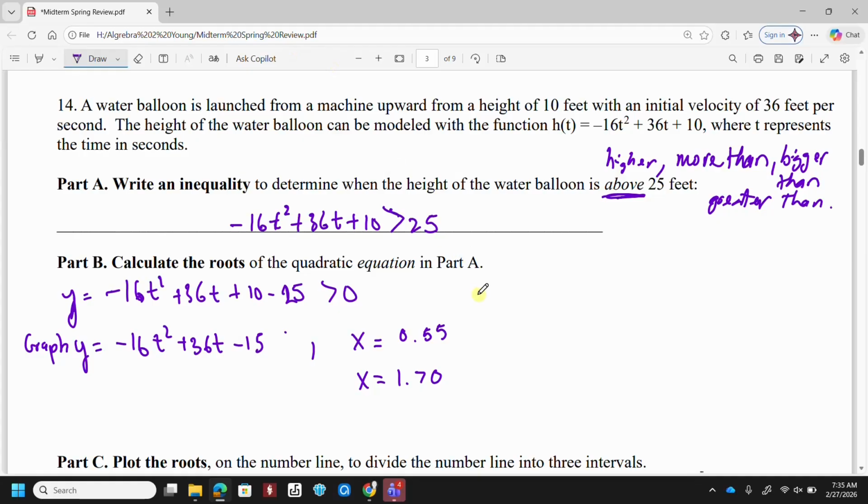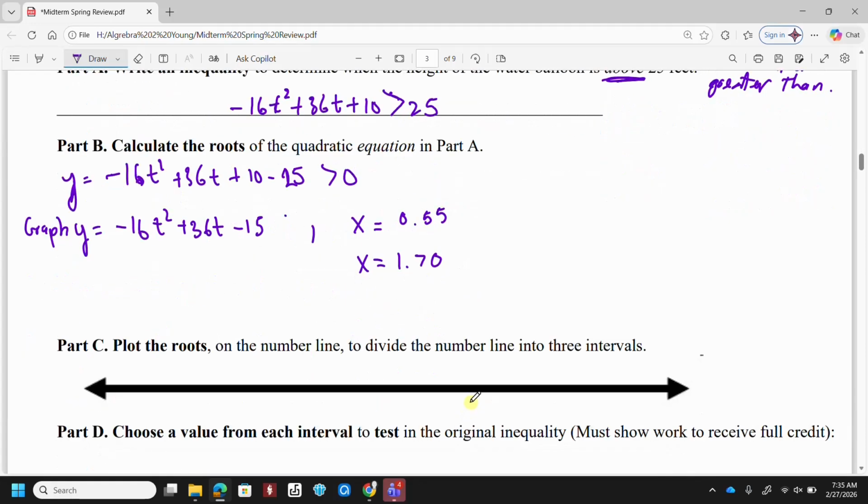Let's set the root. Plot the root on the number line. Divide the number line into 3 intervals. Between 0.55 and 1.70, 0.55 needs to be over here and 1.70 over there. You don't have to be exact. You just have to put the numbers in the correct order, the smaller numbers to the left.